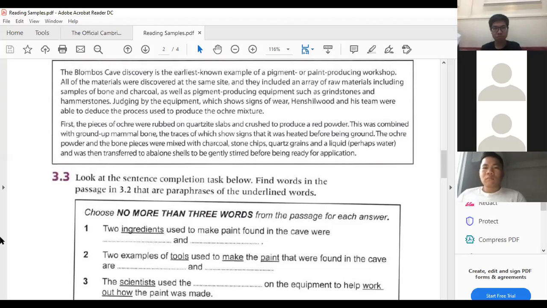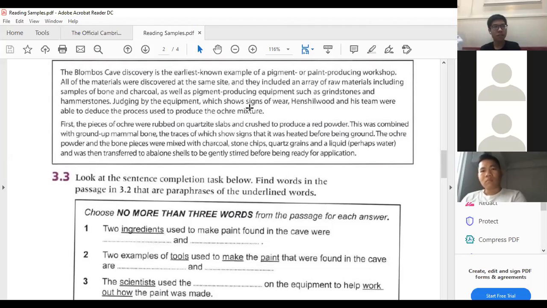Makra, have you found the answer? Like, can I change the form? Remember, we need to put exactly what is given to us. You cannot change anything. So if we read from the word judging by the equipment, which shows signs of wear, and Wood and his team were able to deduce the process used to produce the ochre mixture.